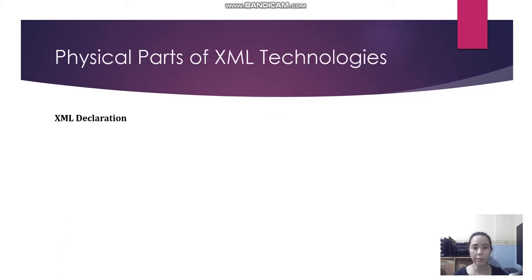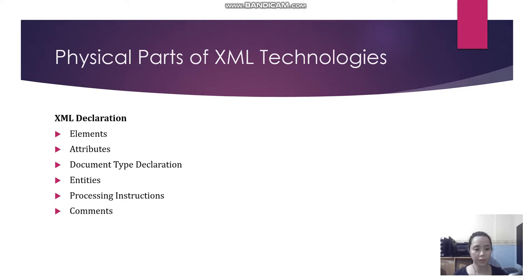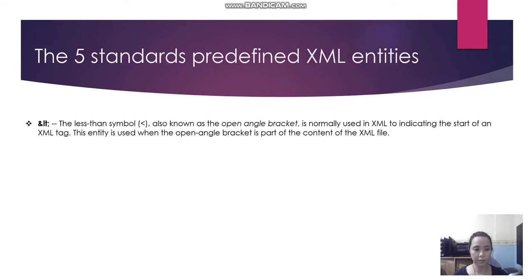Physical parts of XML technologies: the XML declaration, the elements, the attributes, the document type declaration, the entities, processing instructions, comments, character data sections, and XML namespaces.